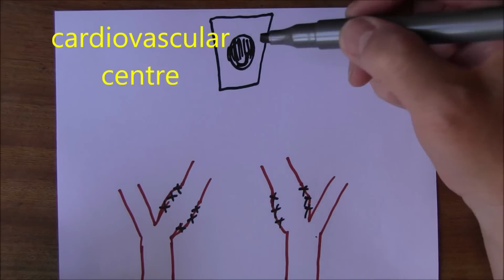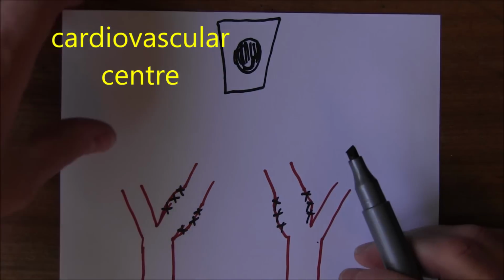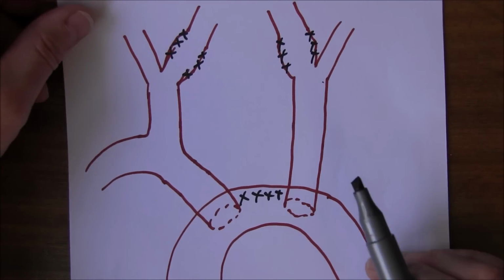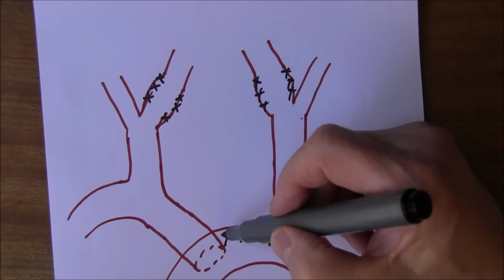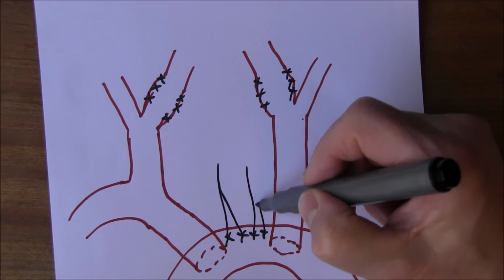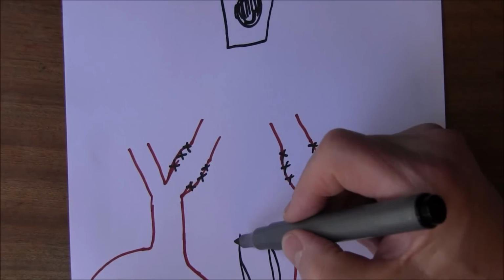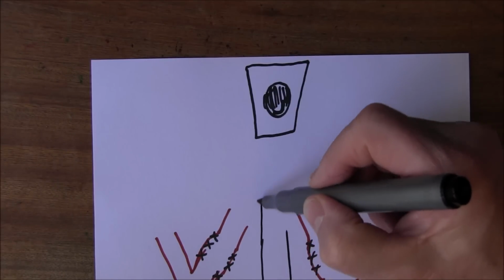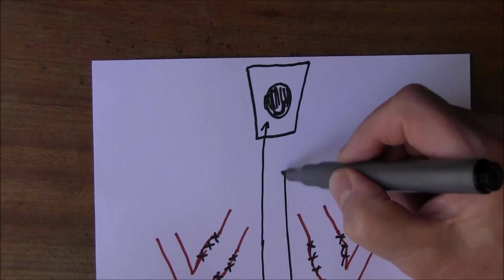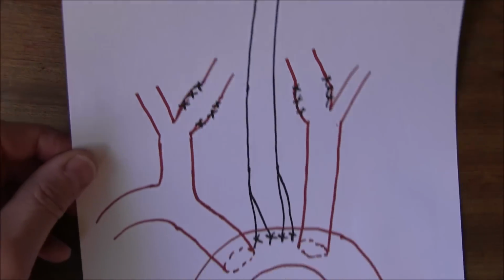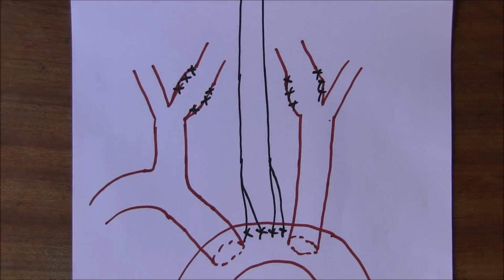Just there. And the cardiovascular center is receiving information from the baroreceptors. So information from these baroreceptors is going to go up via sensory nerves all the way up to the cardiovascular center in the medulla oblongata.